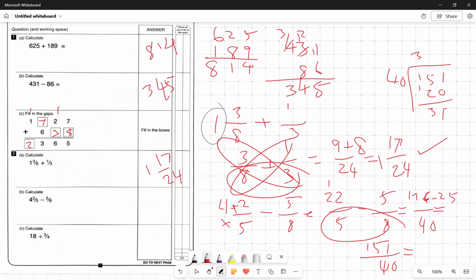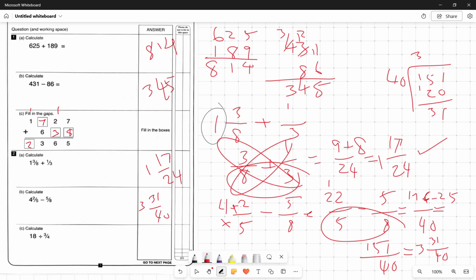So your answer is 3 whole number 31 over 40. So the answer for question number 2B is 3 and 31 over 40. Now come to the last question.